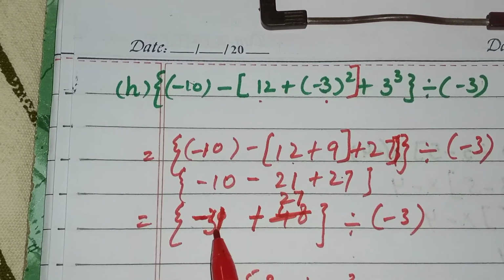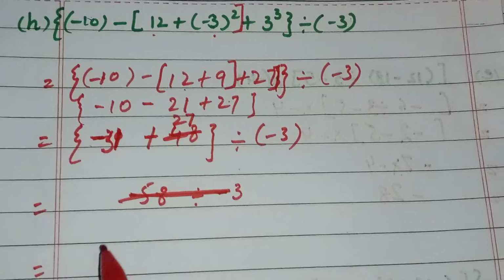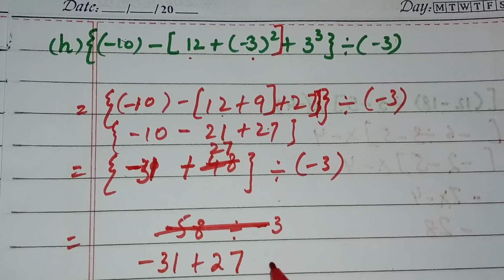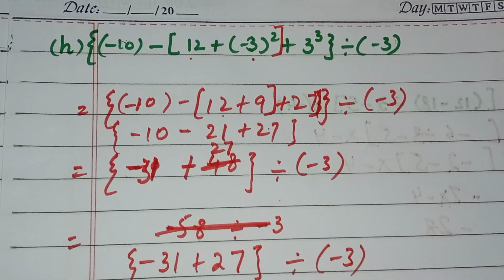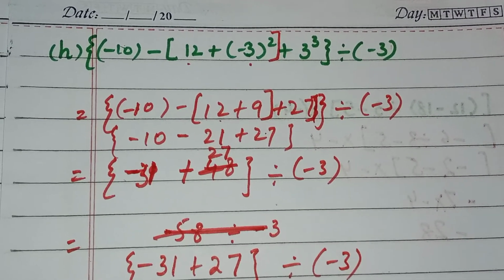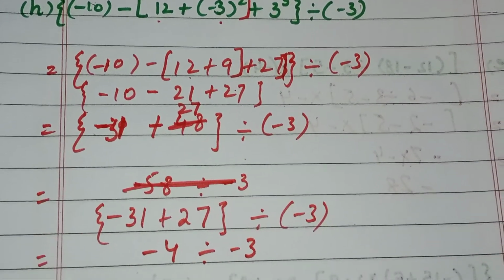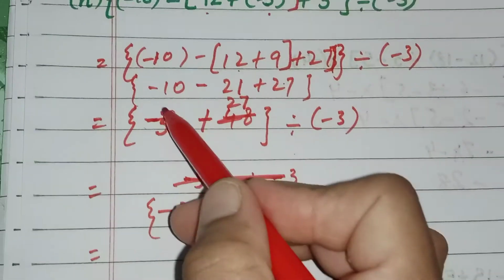When I add minus 31 and plus 27, I receive minus 4 divided by minus 3. When I divide these two numbers, I receive 1 whole 1 over 3.